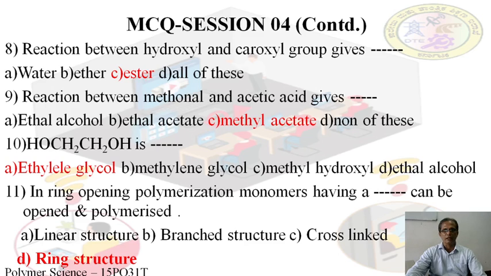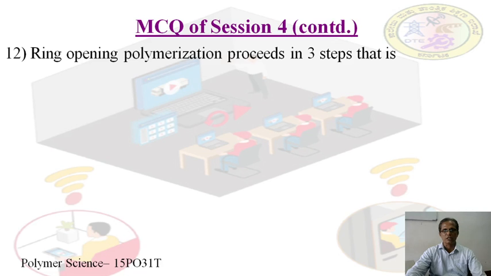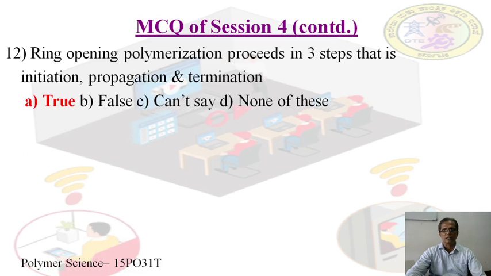Next, question number 10. CH2, CH2, OH, OH on both sides. This is called dash. This is ethylene glycol. Question number 11. In ring opening polymerization, monomers having dash can be opened and polymerized. Ring structure, that is the correct answer. Next question: ring opening polymerization proceeds in 3 steps, that is initiation, propagation, termination.